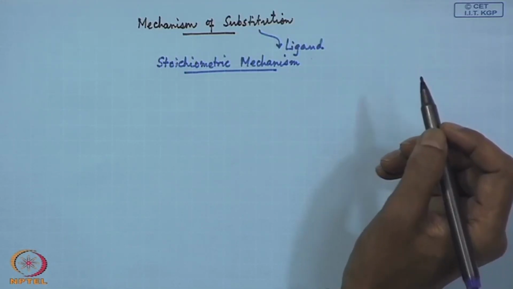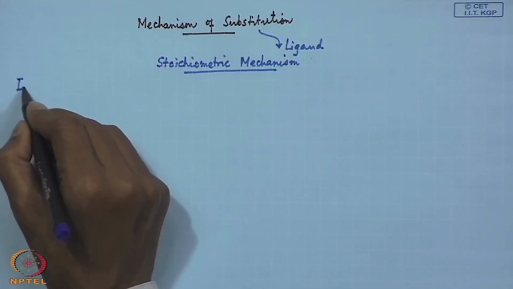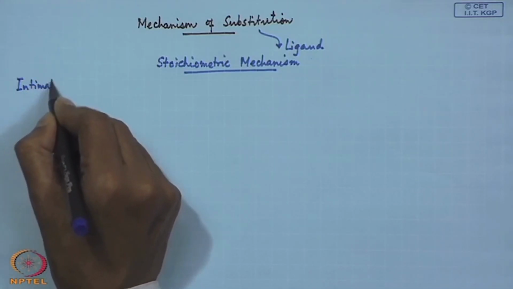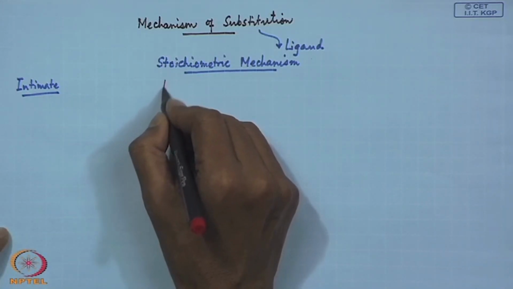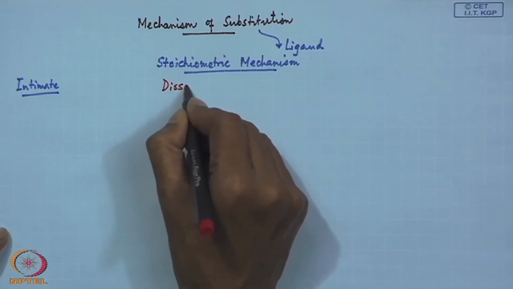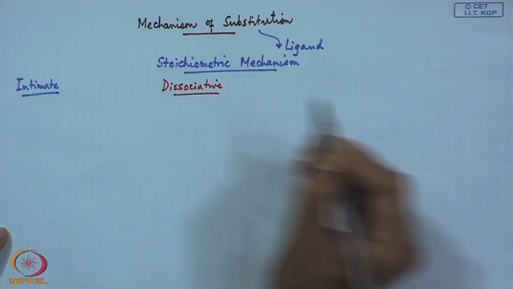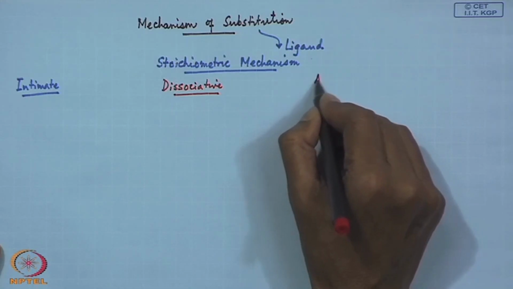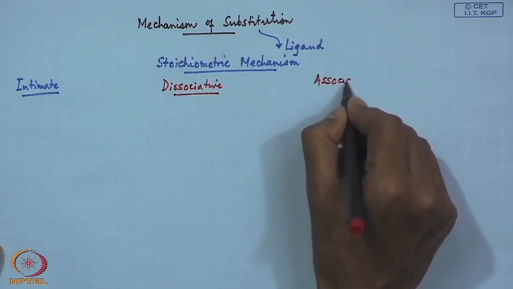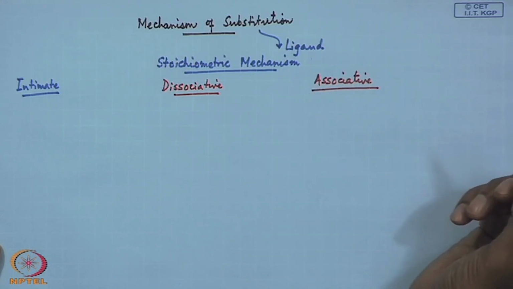So, in one case we have the intimate mechanism of reaction, and we can have the dissociative, that means one ligand is going away, and the associative one, the reverse one, when one ligand is attaching to that particular system.